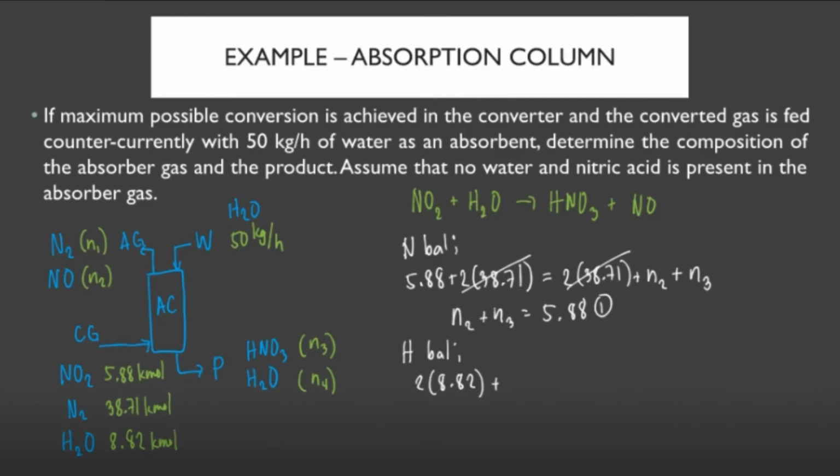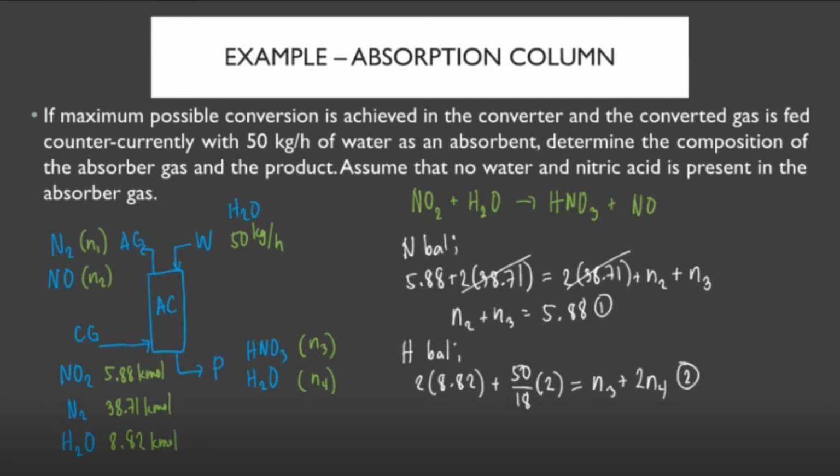We simply divide 50 with the molecular weight of water, that is 18 kilograms per kilomole, and this becomes the kilomoles of water. We multiply this by 2 because there are 2 moles of hydrogen per mole of water. And this is equal to all of the hydrogen in the outlet streams. There is no hydrogen in the absorber gas, and we only have our hydrogen in the product. So this becomes N3 plus 2 N4. This is equation number 2.